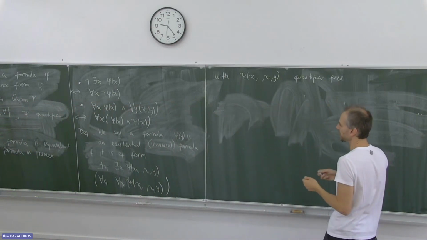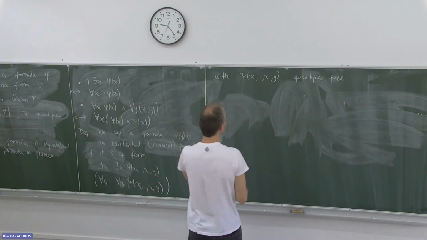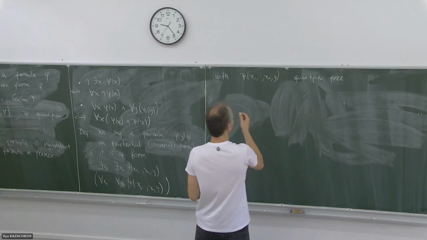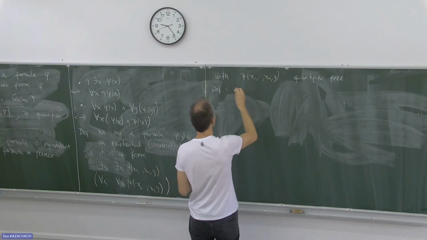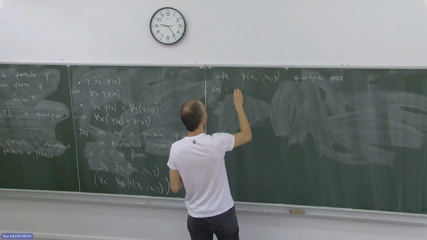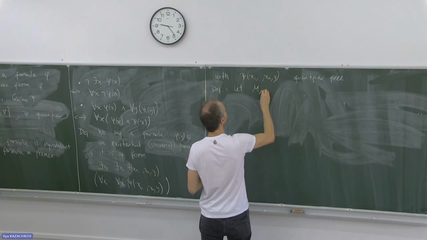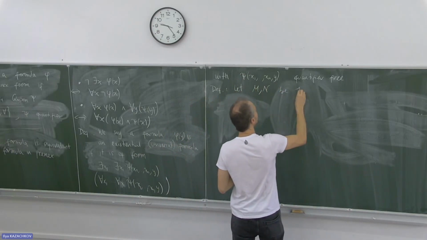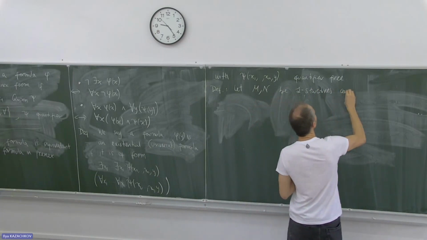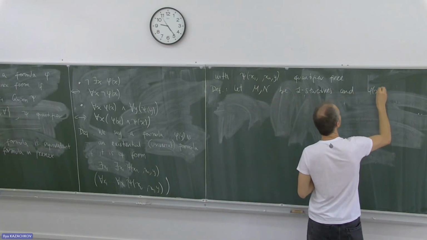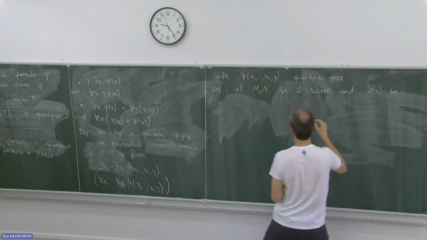Okay, good. Now, this was just some definitions about formulas. Now let me define what I mean by maps that preserve some formulas. So in general, let M and N be L structures, and phi of x be an L formula.